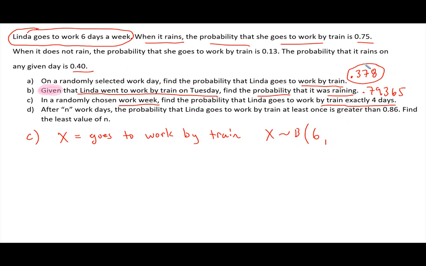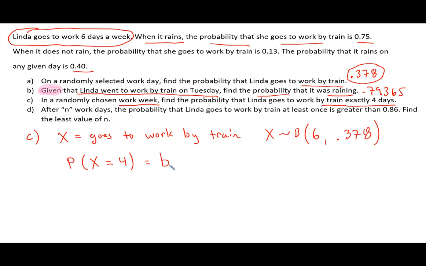The success probability is the probability that she uses the train on any given day, so 0.378. So we have our binomial distribution parameters, and we're trying to calculate the probability she uses the train exactly 4 days. The probability X exactly 4 means X equals 4.